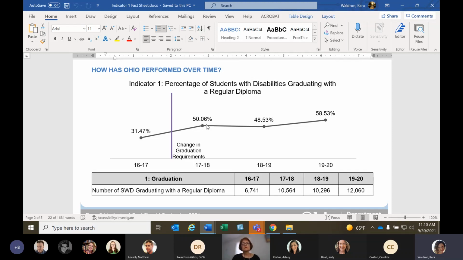Because those additional pathways were available to all students, we were able to count a lot more students with disabilities in the numerator because they did graduate by requirements that were available to all students. They were just less rigorous, right, for all students, beginning with the class of 2018. So that explains our jump from 31% to 50%, and then we've hovered there.